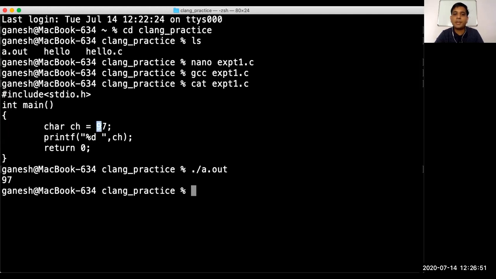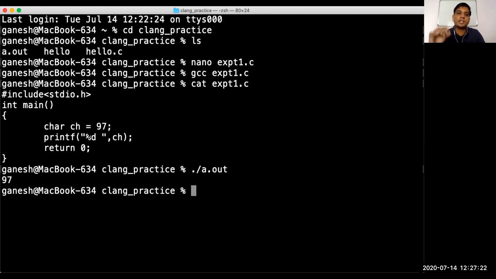But here I'm not enclosing it in single inverted commas, I'm only giving the number. So what is being stored into ch? It stores the ASCII value, and the ASCII value is a decimal value. So we can directly store the decimal value inside it, and 97 can be directly stored into ch itself.